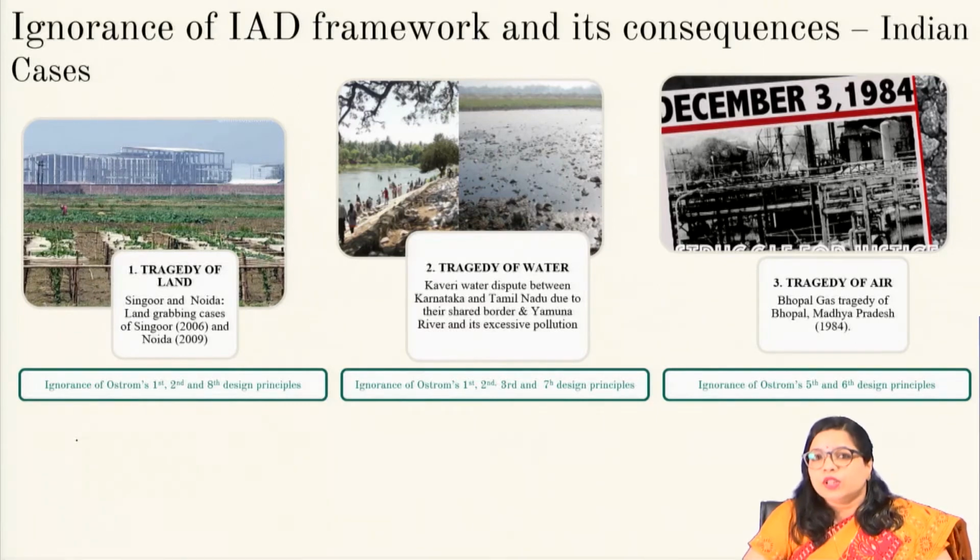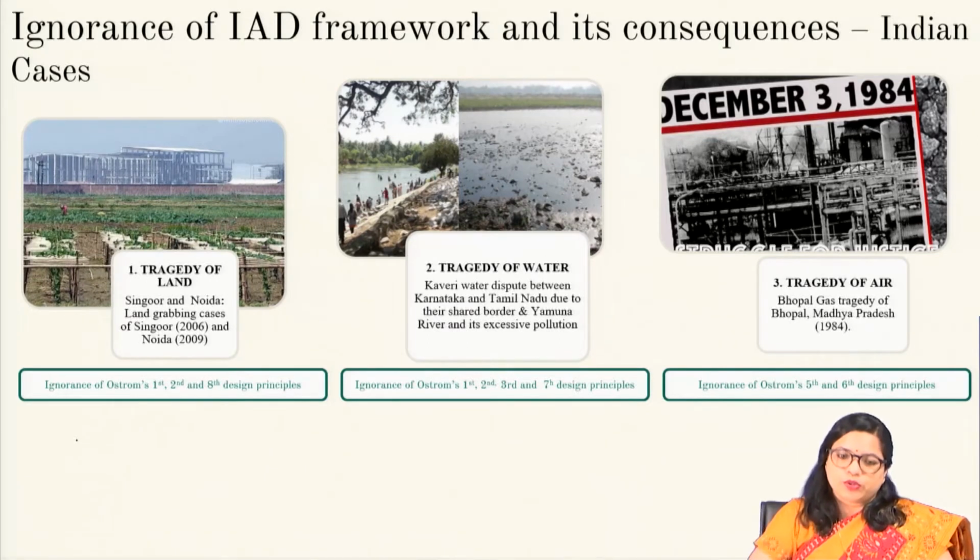In relation to the tragedy of the water, as witnessed with respect to the rivers like Kaveri and Yamuna, Ostrom's first, second, third and the 7th rules were largely ignored, which could have resolved the water dispute and the pollution issues.